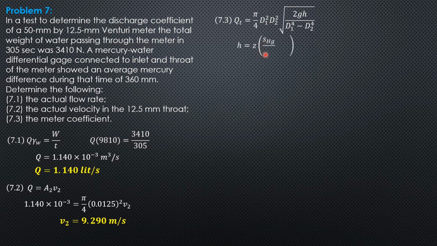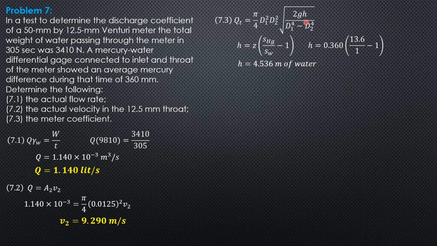So it is given by this expression. In that example 3, it was oil, so that's why we have S of oil here in the denominator. So H is 0.36 times quantity 13.6 over 1 minus 1. So H is 4.536 meters of water.